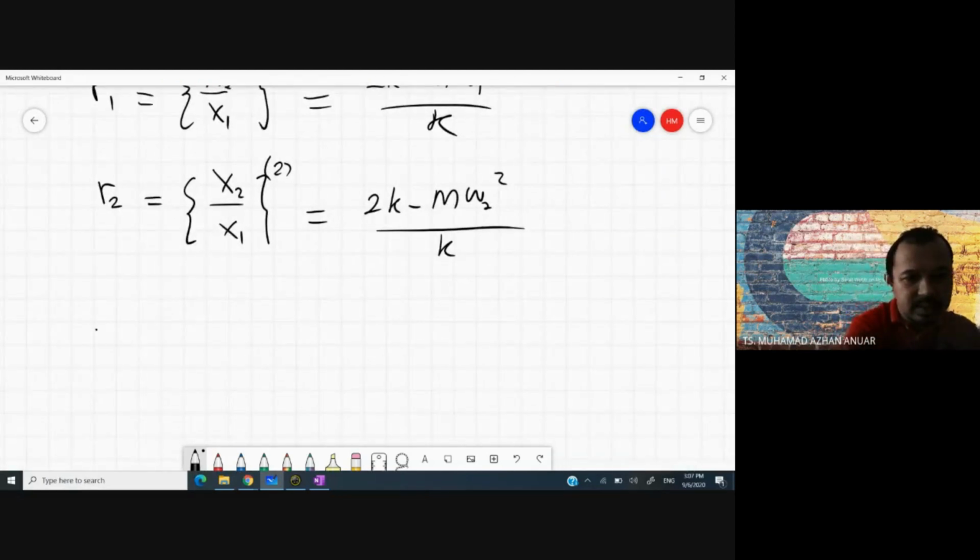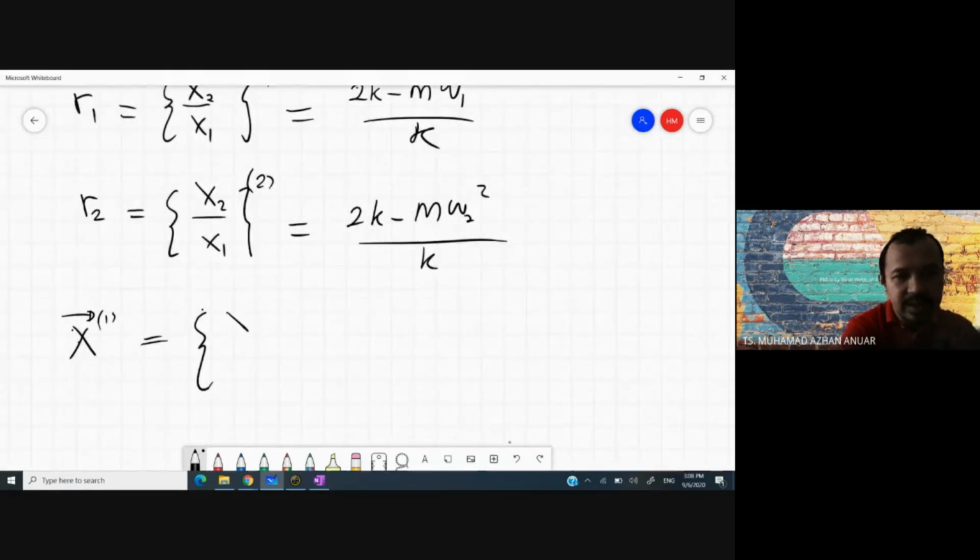Once you get this, we can represent our mode shape vector. This is the mode shape vector due to the first natural frequency. You have x1 due to the first natural frequency and x2 due to the first natural frequency.